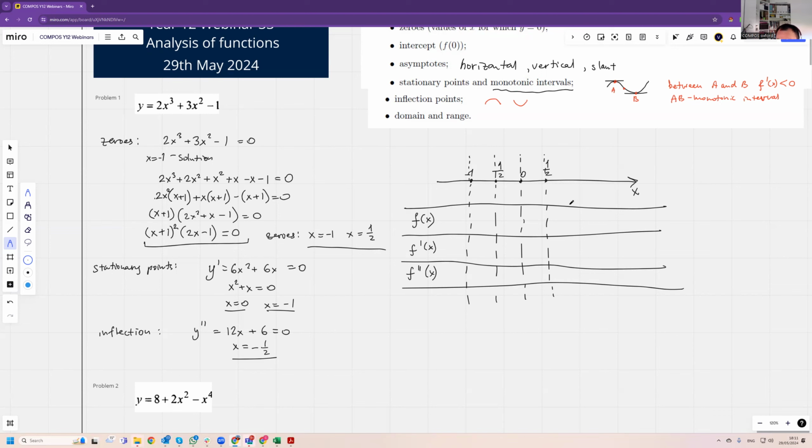If x is greater than 1/2, the function is certainly positive, because if you substitute a number greater than a half, it will be a positive value. So f of x is positive. Between 0 and 1/2 it is going to be negative. Now, 0 is not a zero of the function, so it stays negative.